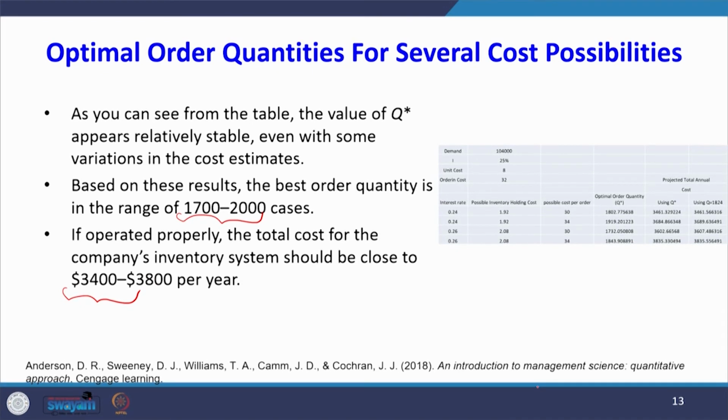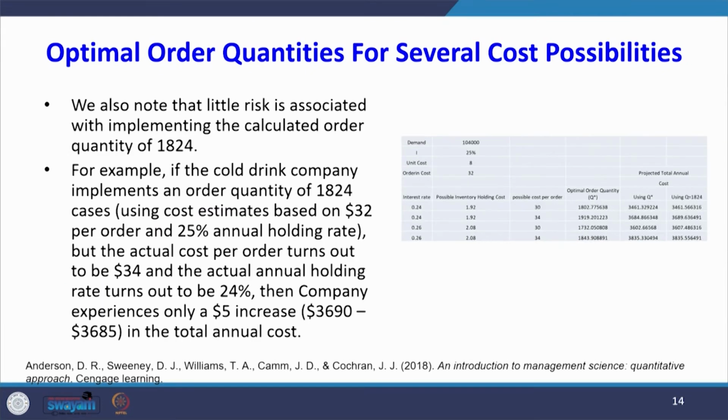This takes care of any fluctuation in the ordering cost. We also note that there is little risk associated with implementing the calculated order quantity of 1824. What is that risk? For example, if the cold drink company implements an order quantity of 1824 cases using the cost estimate of $32 per order and 25% for the holding cost, but the actual ordering cost turns out to be 34 and the actual annual holding cost turns out to be 24, then the company experiences only a 5% increase.